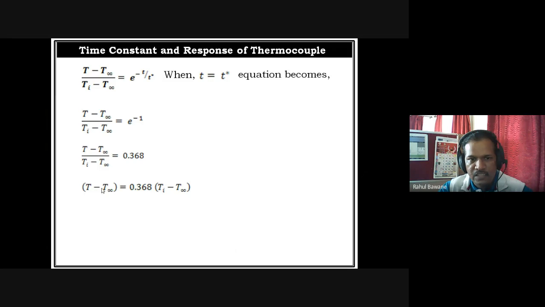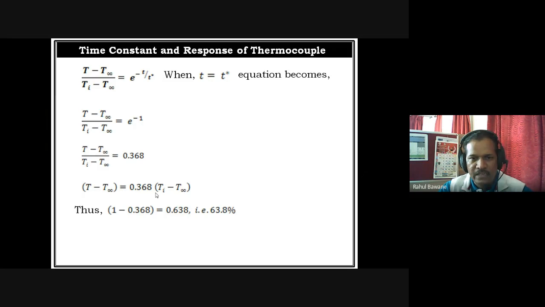So this T minus T infinity is equal to 0.368 of the initial temperature difference. It means till now this probe has acquired a temperature of 1 minus 0.368.